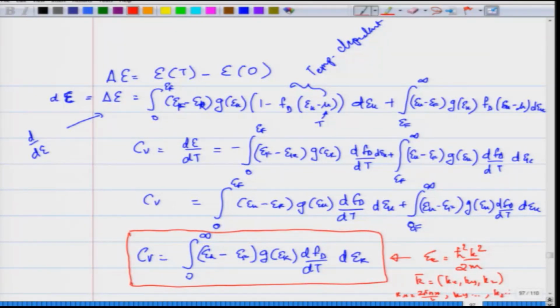Okay, this we have already seen, and this gives you Ek, the energy of the free electron with respect to the Fermi energy, which is Ef. Ef is temperature dependent. This is the density of states at any energy Ek. This is the derivative of the Fermi-Dirac distribution with respect to temperature, and this gives you the specific heat. Now, let us try and calculate this quantity.